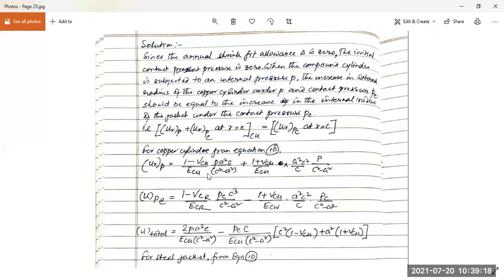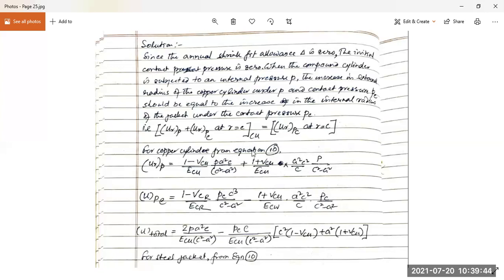Now, we know the displacement or increase in radius due to the effect of P, and UR due to the presence of PC at R equal to C for copper is equal to sigma radius into PC at R equal to C. Now, what happened?